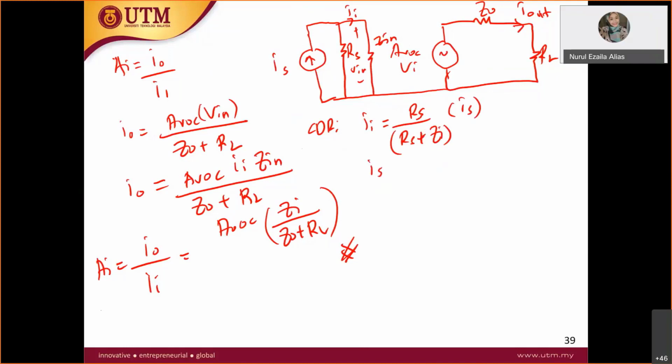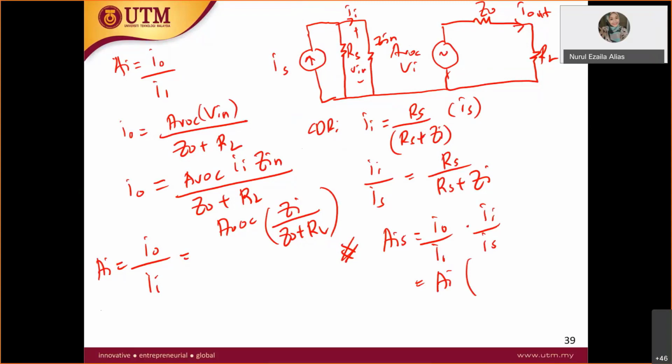So I in over IS is equal to RS over RS plus Z in. Therefore, AIS is equal to I in over IS. I write this so many times for you so that you can remember. So that's how you derive your AIS.